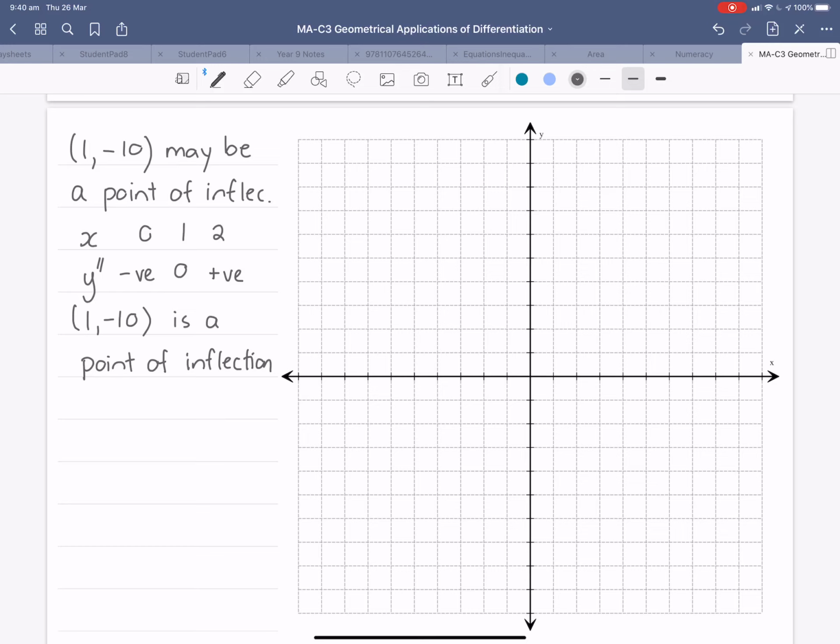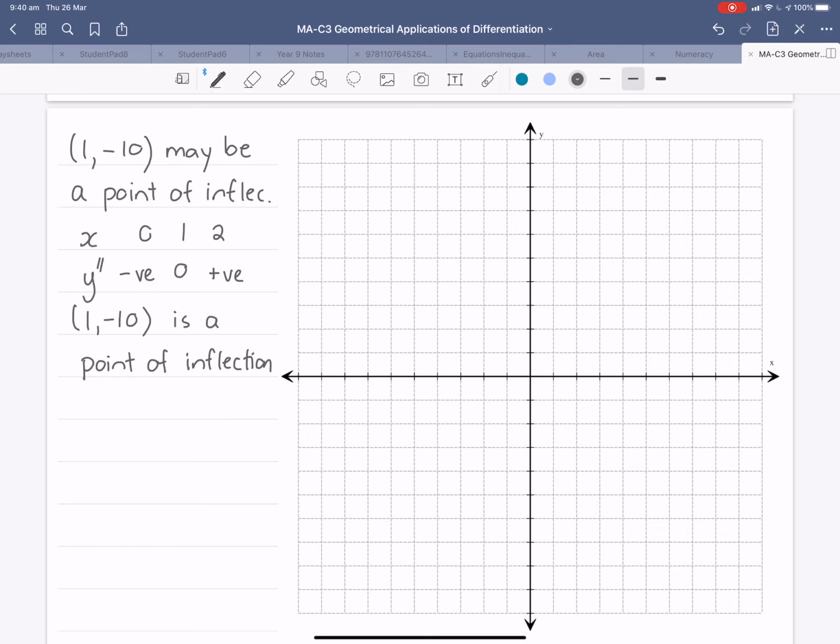Let's put these points on. So (negative 1, 6) is a maximum. (1, negative 10) is our point of inflection, so round about there-ish. And (3, negative 26) is our minimum.